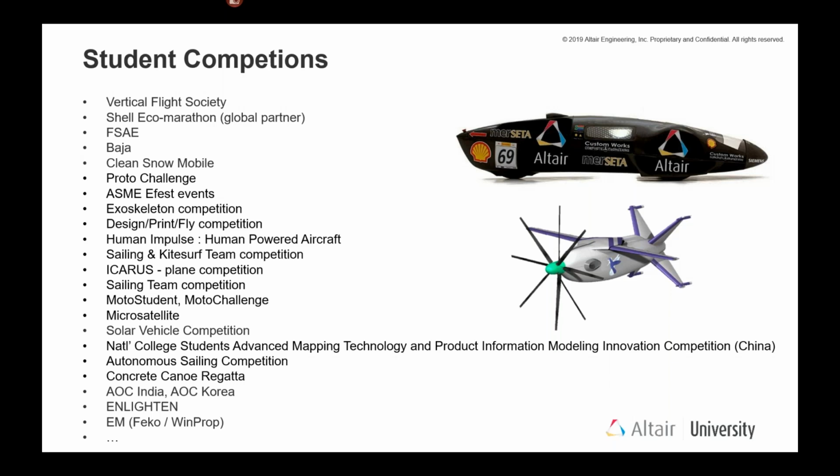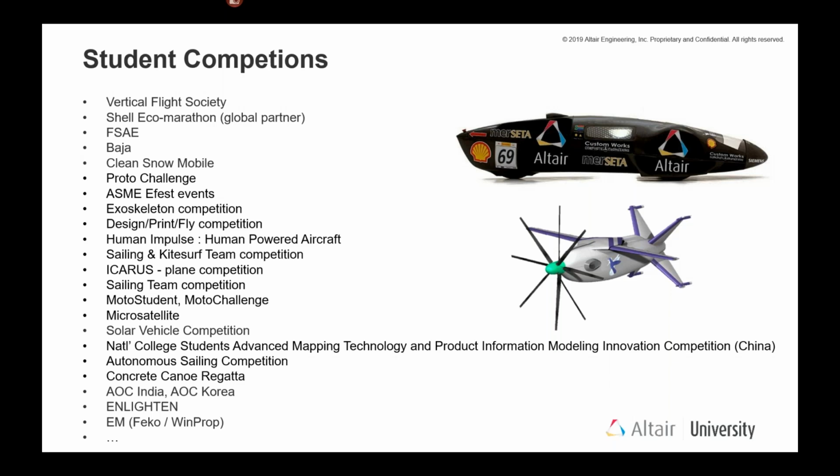Another thing which I mentioned at the very, very beginning, very important, is student competitions. We, Altair, are engaged in supporting and sponsoring different competitions in different levels, like the Vertical Flight Society or Shell Eco Marathon. And by the way, we are a global partner of the Shell Eco Marathon competition, Formula Student in Baja, and so on.